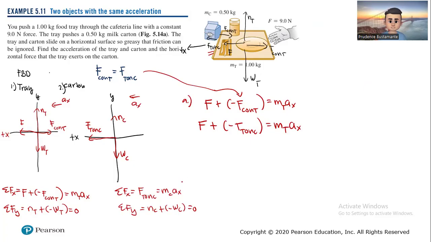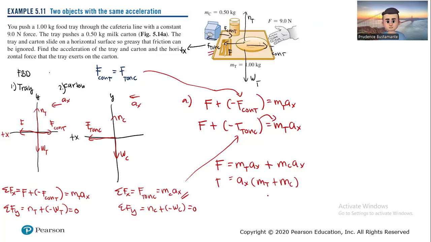Since F of T on C is just equal to this one, therefore F, you transpose this into the other side and it becomes positive, plus it will now become M_C A_X. Therefore, we can factor out the acceleration times M_T plus M_C is equal to F.